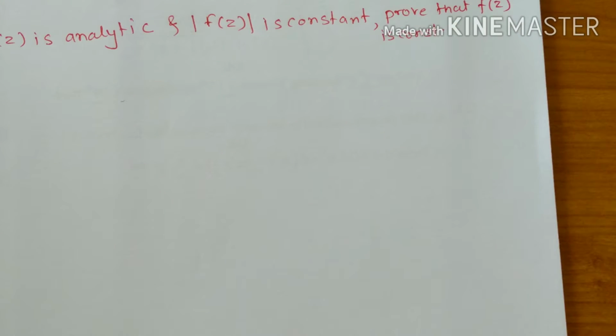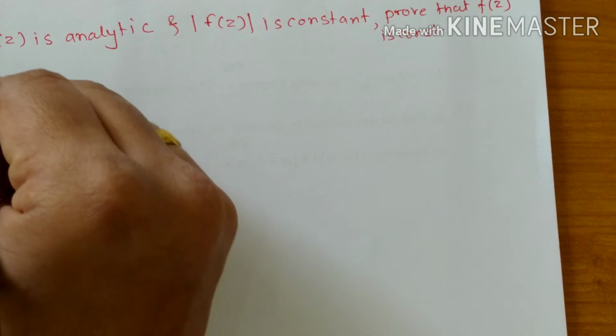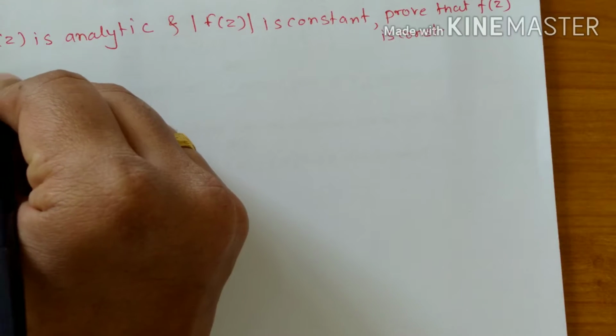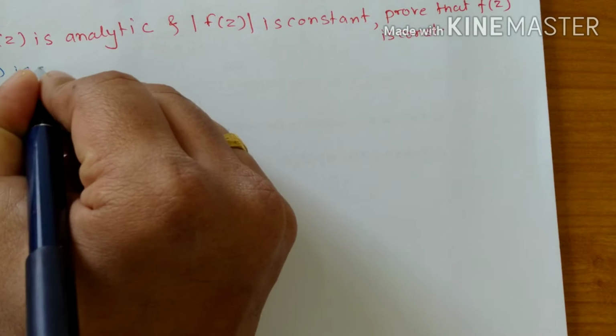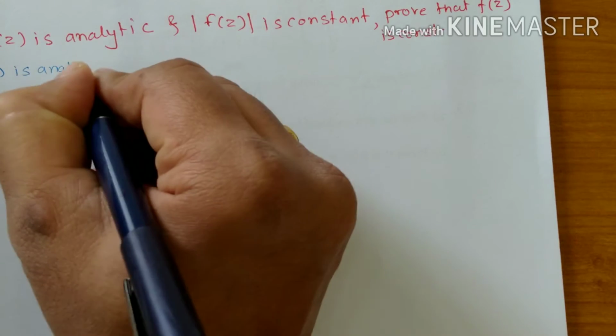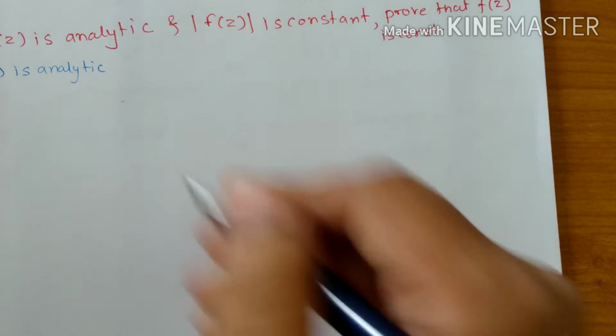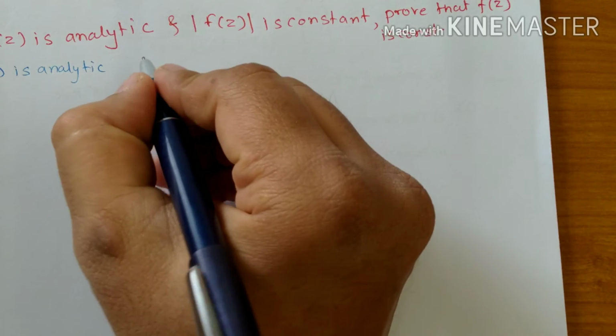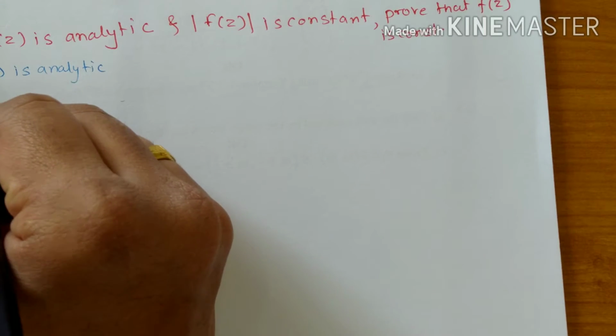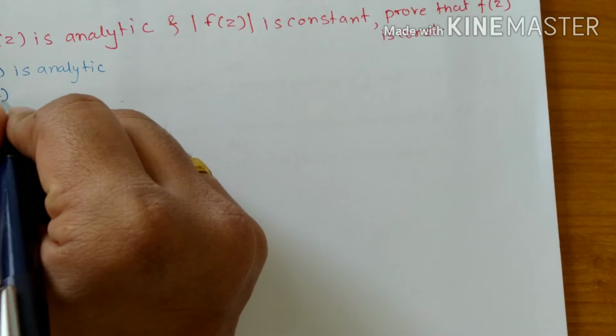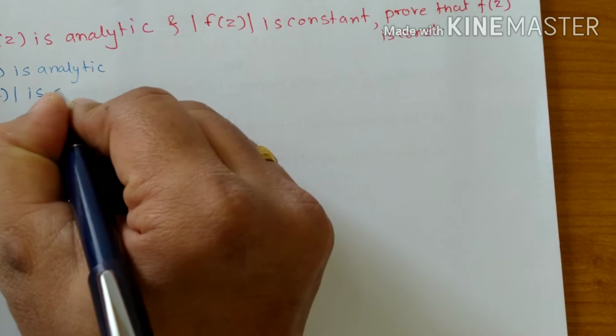So what is the given information? The first given information is f of z is analytic. And the second information given is modulus of f of z is constant.